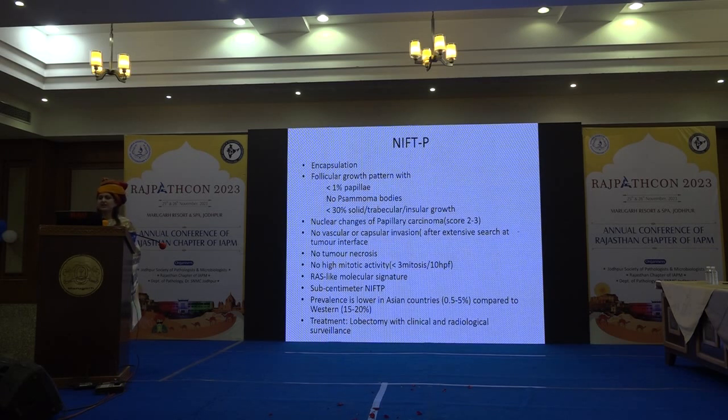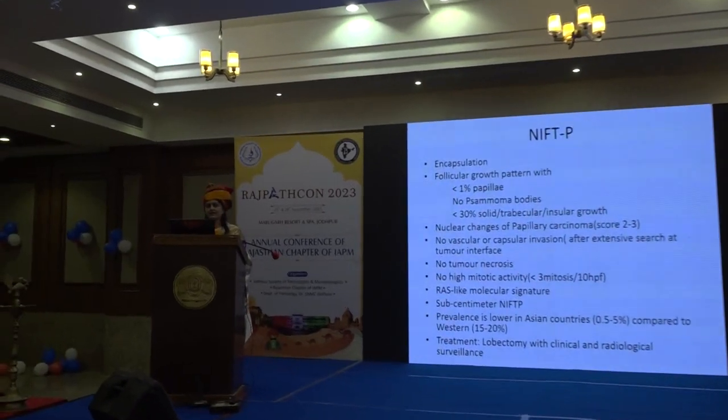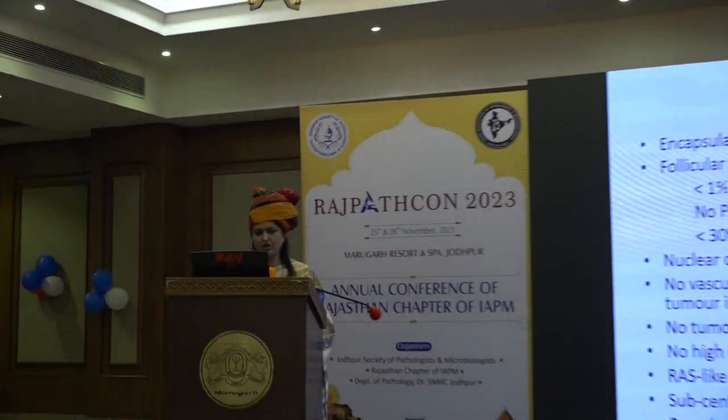There should not be any papillae, or at most less than 1% of the tumor. These tumors do not show psammoma bodies, as against classical papillary thyroid carcinoma. Solid, trabecular or insular pattern is always less than 30%. As you know, these patterns are seen mainly in poorly differentiated carcinoma.